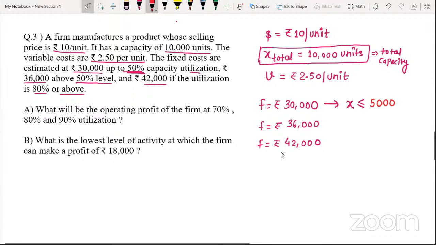Okay, 50% of this much. If the plant is producing x less than or equal to 5,000, the fixed cost will be 30,000.